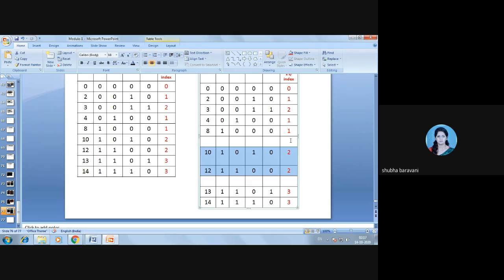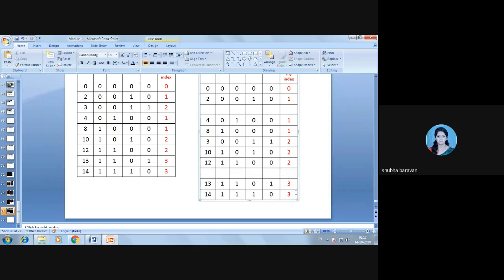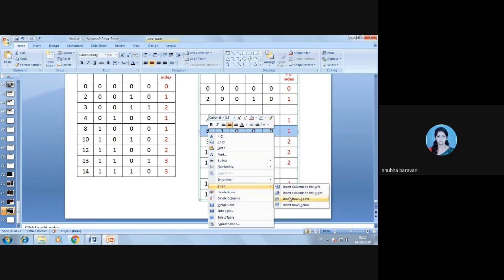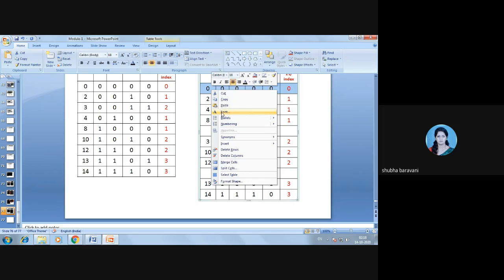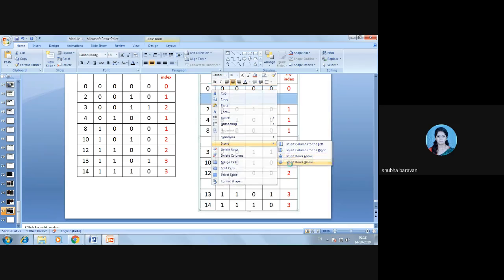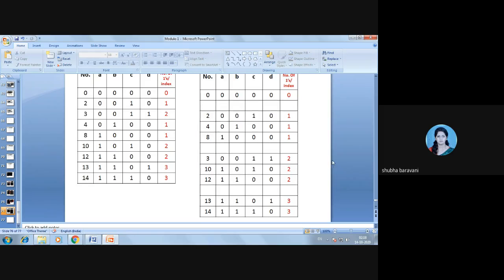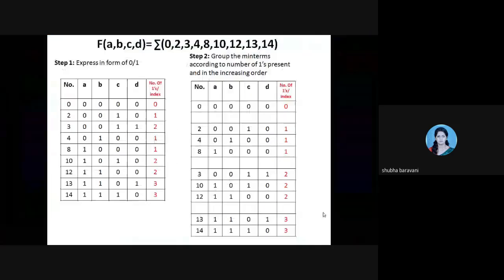Then 12. Then I'll get 3 here. See this, your step 2.